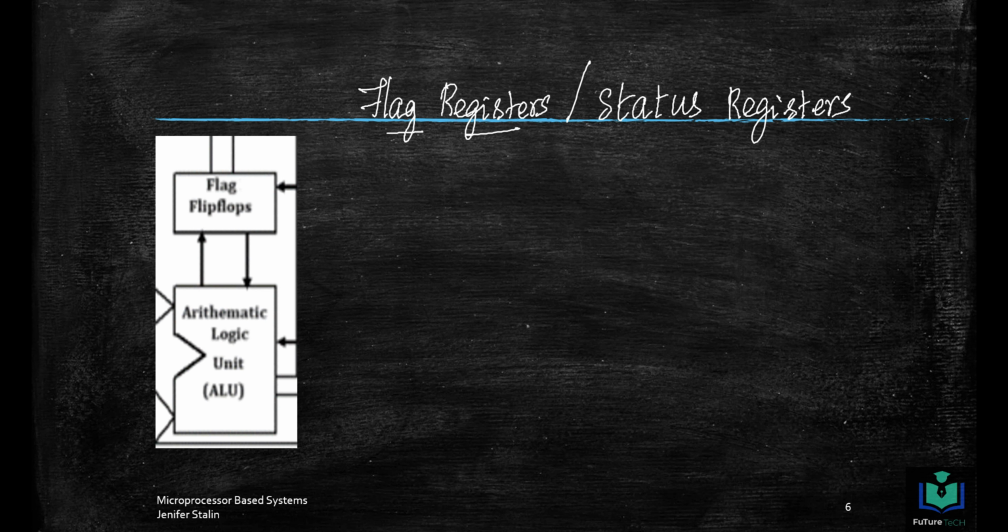There are certain flag registers seen in the 8085 microprocessor. The first one is called the sign flag, or negative flag.